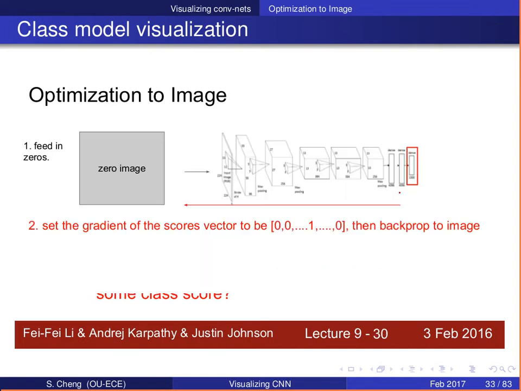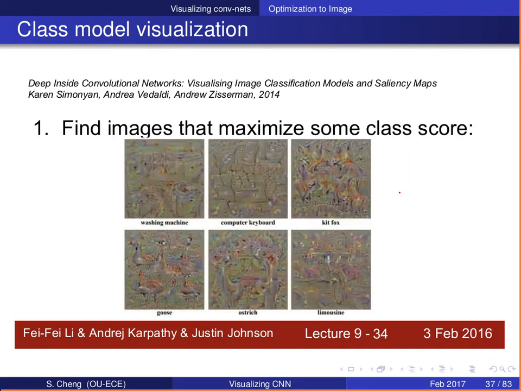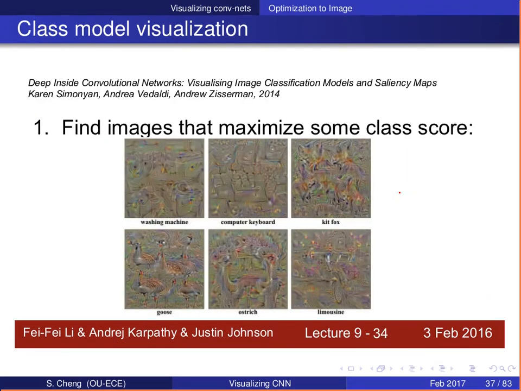For example, if you fix the last layer, that gives you the class of different objects. Maybe I want one of the classes, a computer keyboard, to be 1 and all the others 0. Then you try to find an image that optimizes this output.